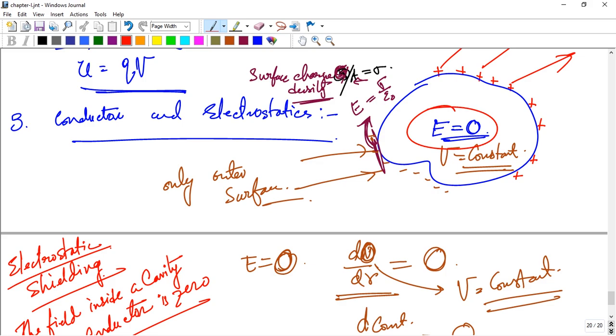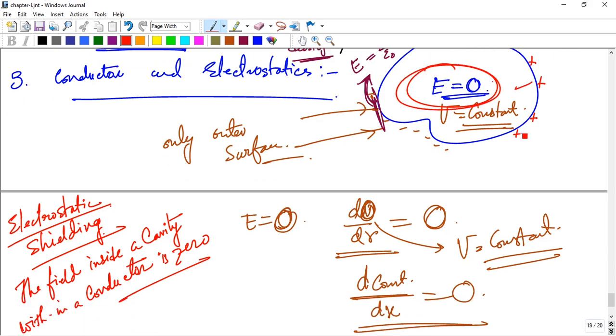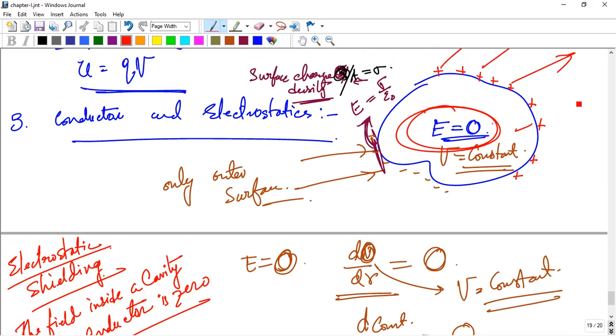Inside a conductor the electric field is zero, and this protects anything inside from the external field, because there is a huge number of external electric field lines here. The electric field only acts on the outer surface and does not change inside the conductor. That's why there is protection, there is shielding. This protects anything inside from the external electric field.